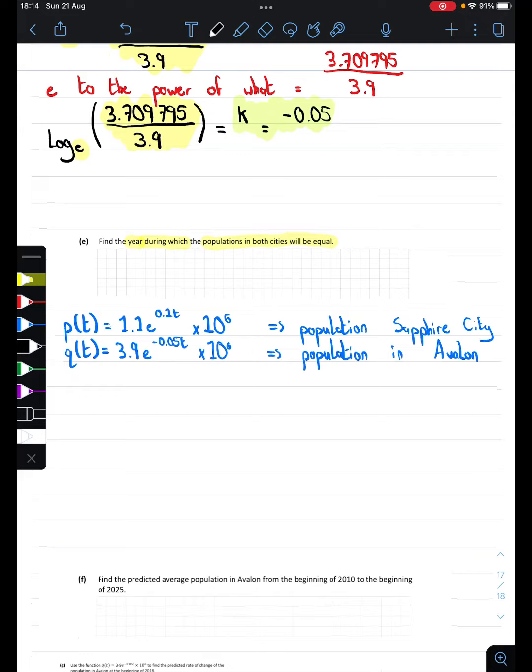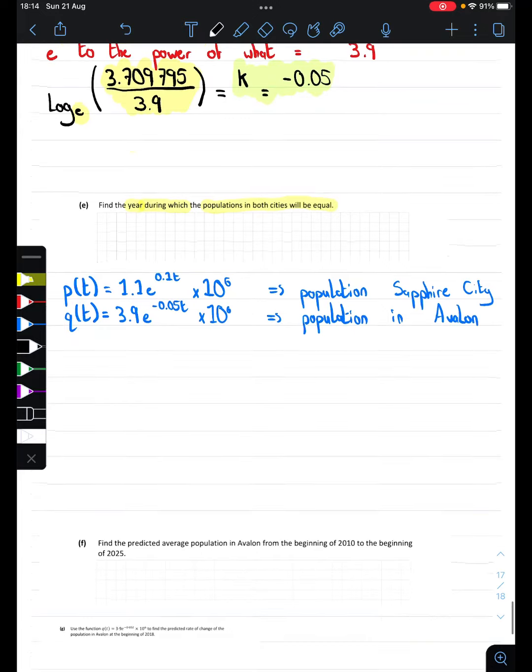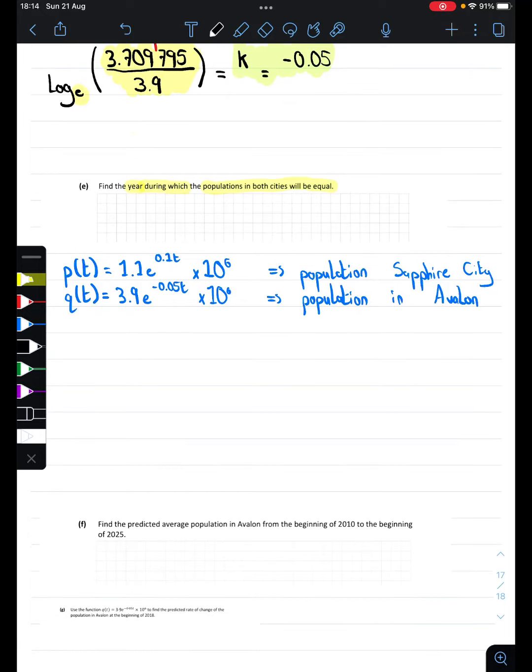So we want to figure out when these are equal, so we'll let these be equal and then solve for t. For which t are these two equal? Let 1.1 e to the 0.1 t by 10 to the power of 6 equal 3.9 e to the minus 0.05 t by 10 to the power of 6.